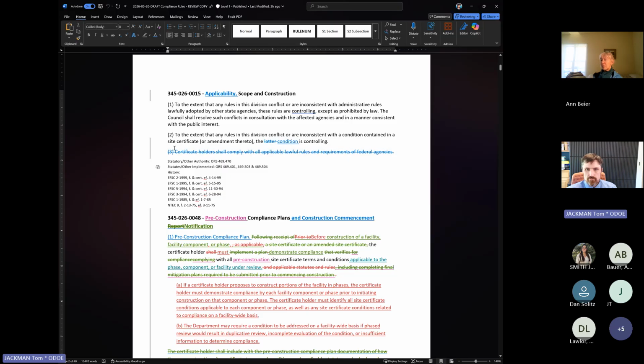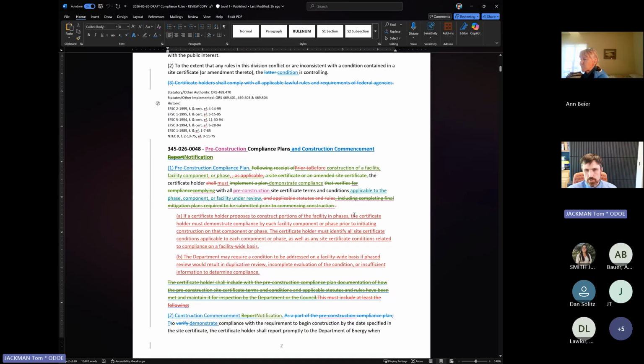So like this sentence here: certificate holder shall comply with all applicable lawful rules and requirements of federal agencies. That's an obvious statement that serves no function. Or else what? The council is not in charge of ensuring that people obey all the requirements of federal agencies. That's what the federal agencies are for. They have their own enforcement and compliance mechanisms. So there's no point in confusing people with language that doesn't serve a function.